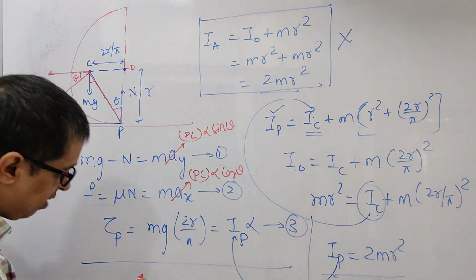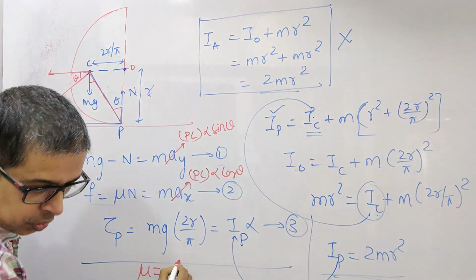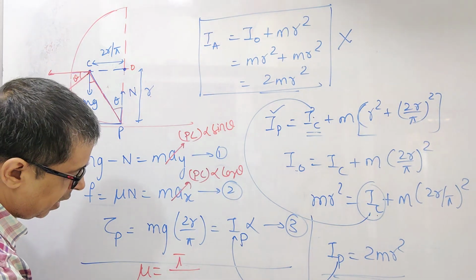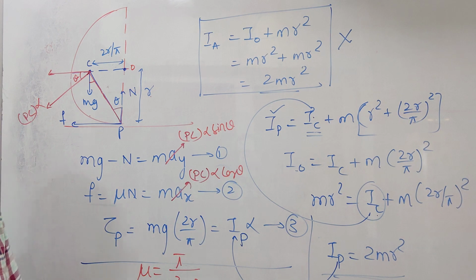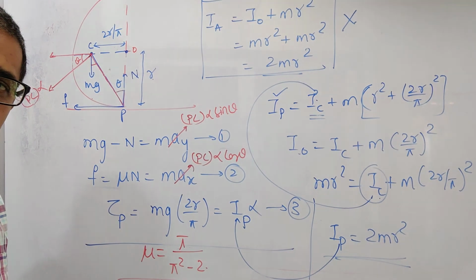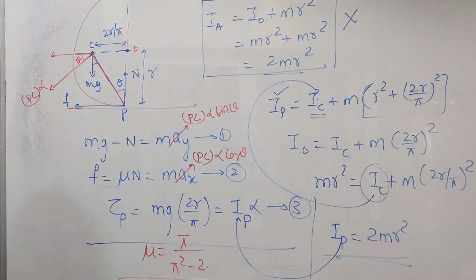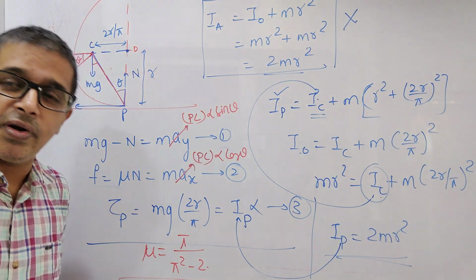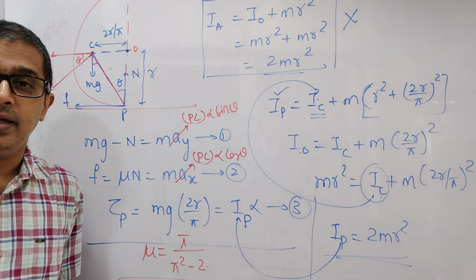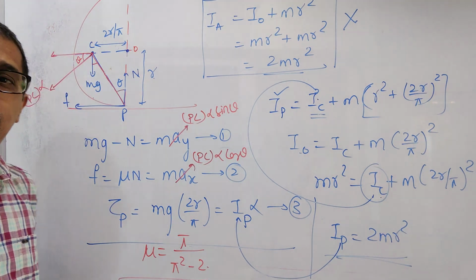If you simplify for mu from this, you will be getting pi by pi square minus 2. Minimum value of mu required to prevent the semicircular ring from slipping when released from the position shown.